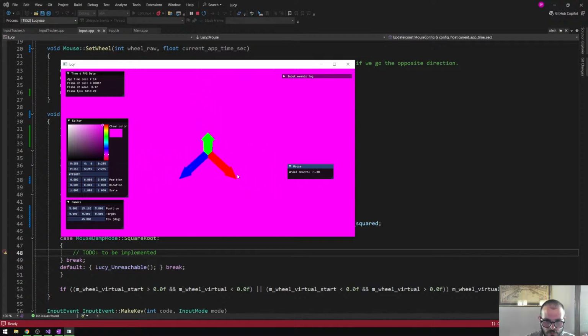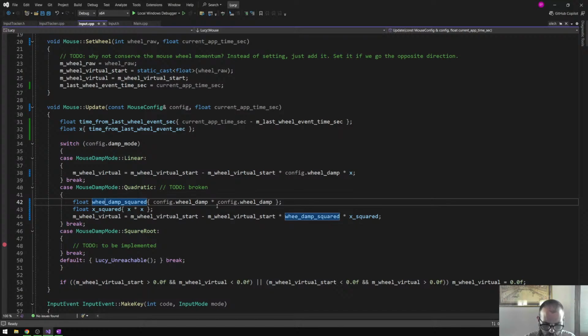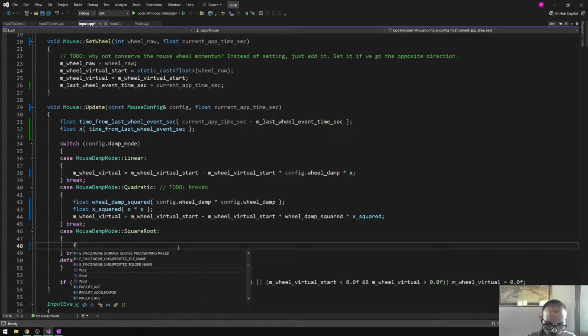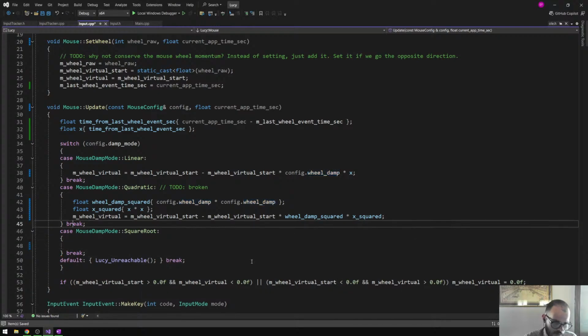Okay. So the idea is that this is float wheel damp sqrt, std sqrt config wheel damp. Oh well, I could write it like this.